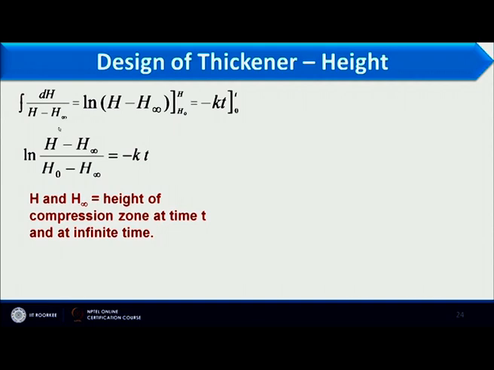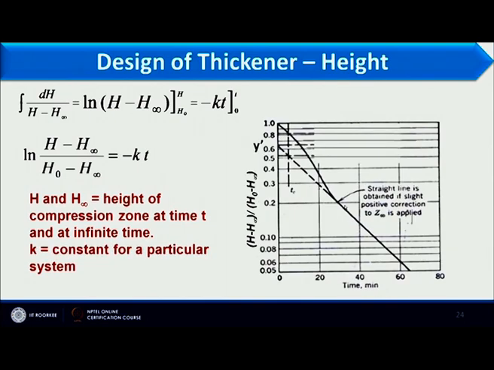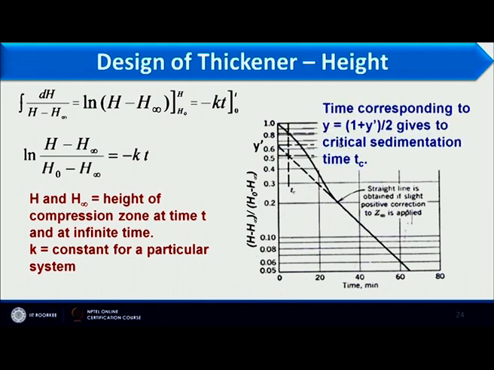Once we draw (H minus H infinity) by (H naught minus H infinity) versus t on semi-log graph paper, from the slope we can find the k value. This type of curve will appear, where the y axis is semi-log and the x axis is a normal scale. The value of Tc is the time corresponding to y equal to 1 plus y dash by 2, which gives the critical sedimentation time.